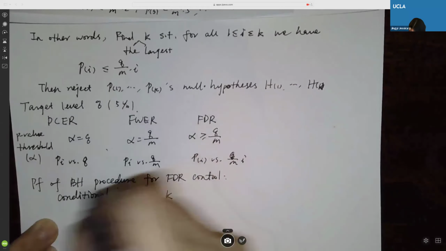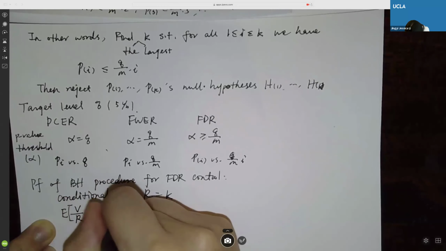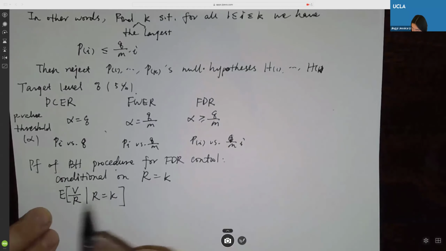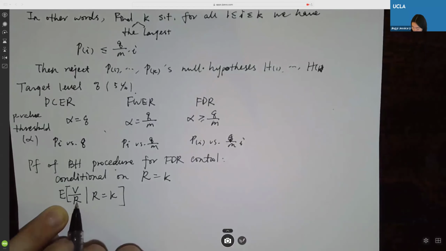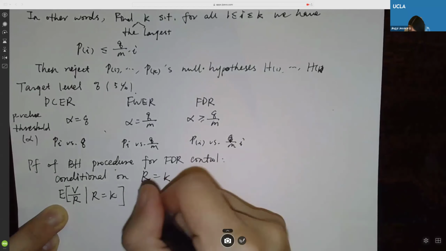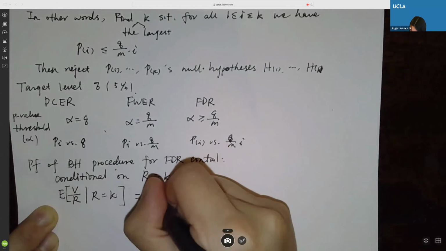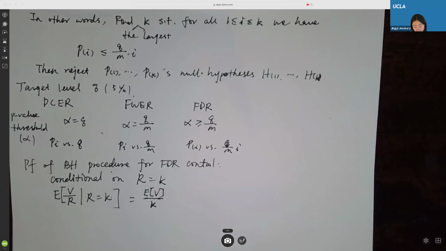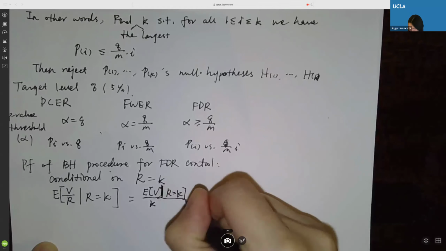And therefore, if we look at this conditional expectation, V over R given R being K, what is it? Because R is in the condition, R can be treated as a constant K, and we just have the expectation of V divided by K. I should say the expectation of V given that R is K, to be exact.